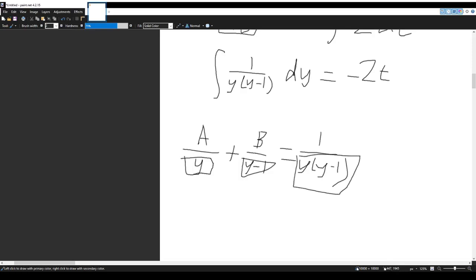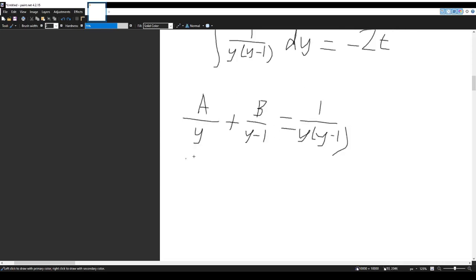You'd multiply the numerator and the denominator by the same thing. We're going to use a similar idea here. Since all the denominators are the same, we can just add the numerators and say they're equal to each other.